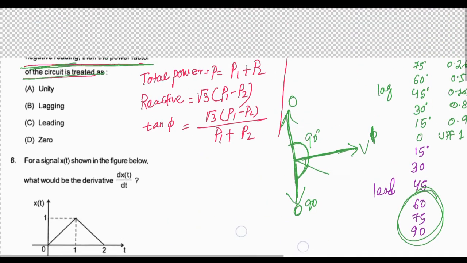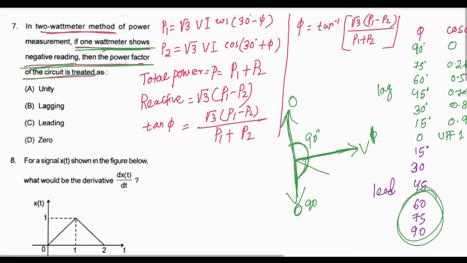So here for power factor angle greater than 60 degree or the power factor itself below 0.5, the 1 wattmeter will start to show negative reading.